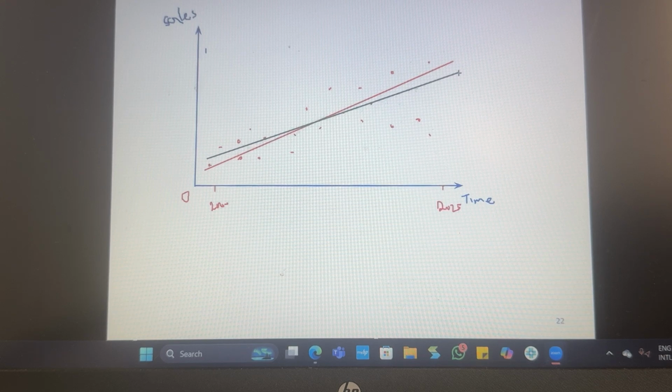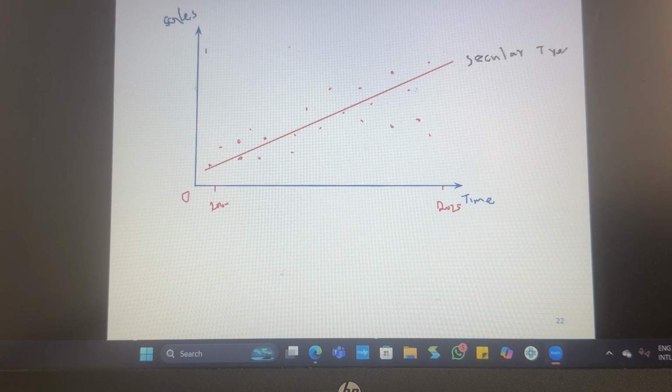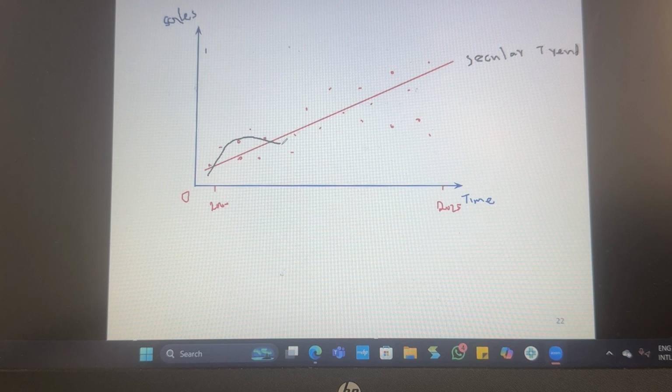This line is also okay, but whatever line you draw, roughly there is an increasing trend over time. This is actually the secular trend. It is a long-term, upward trend. But you see, if you have a closer look, this data pattern is like this.